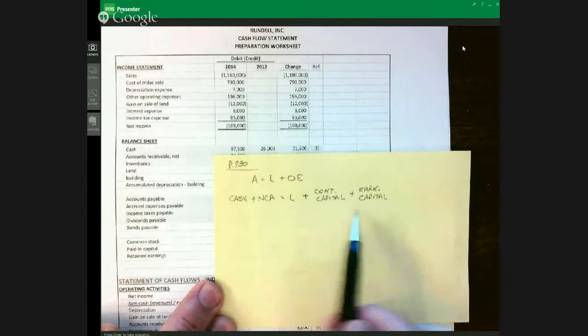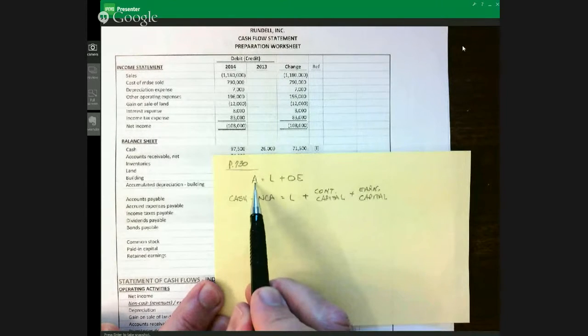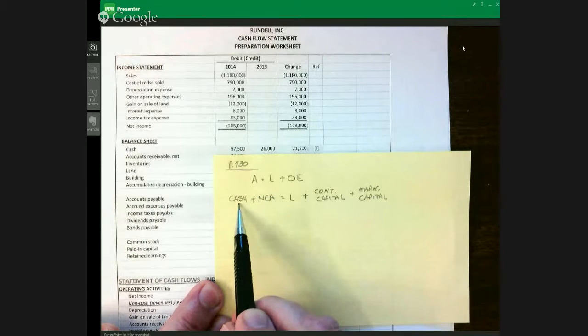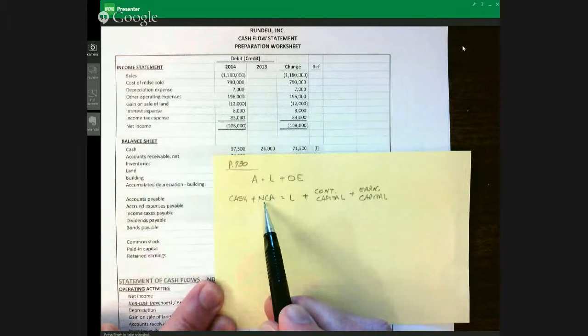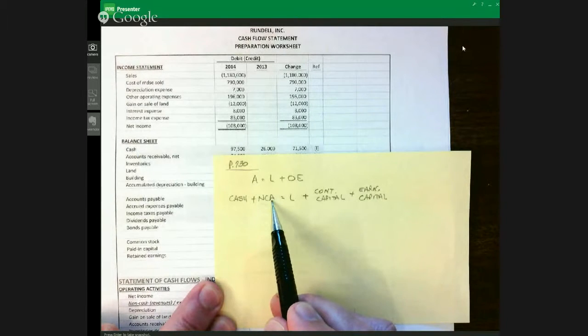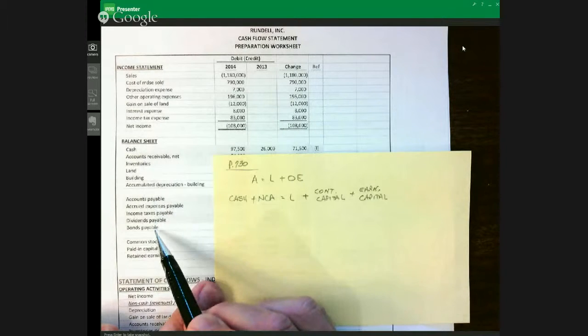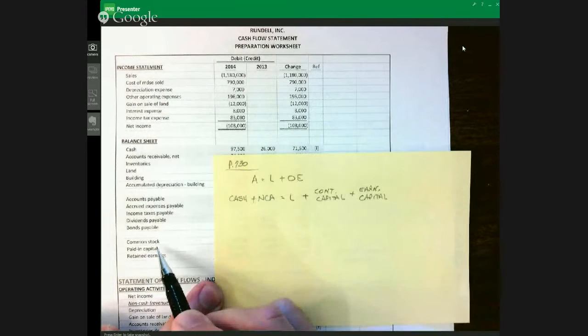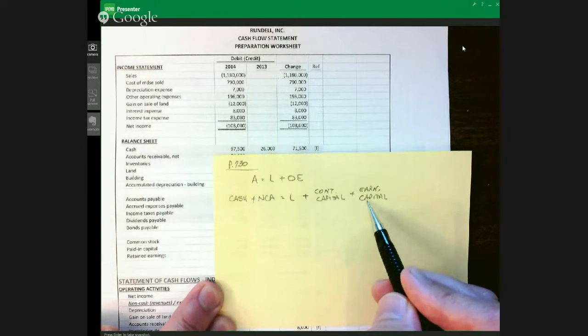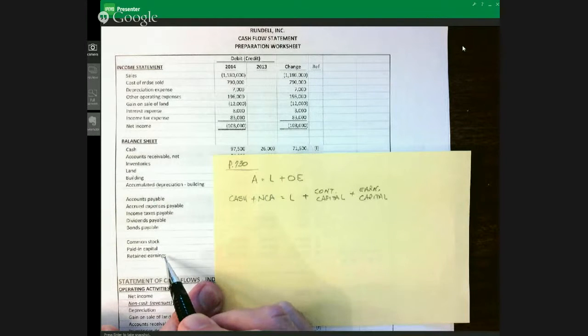So just to review, total assets can be shown to be comprised of cash plus NCA, the non-cash assets. Total assets must equal all of the liabilities plus equity, which is comprised of common stock, preferred stock, contributed capital, and earned capital, which would be retained earnings.